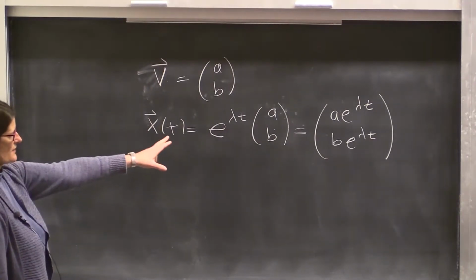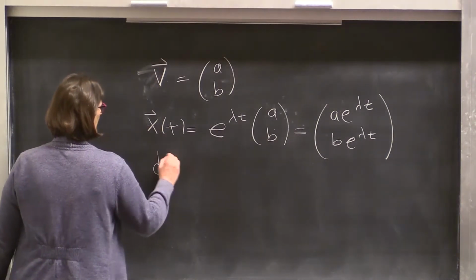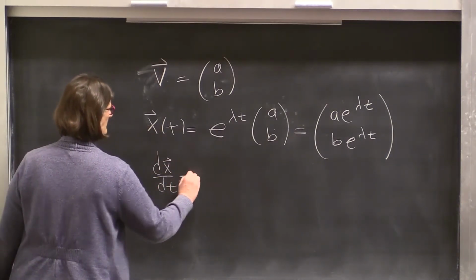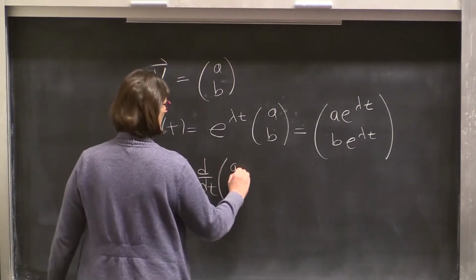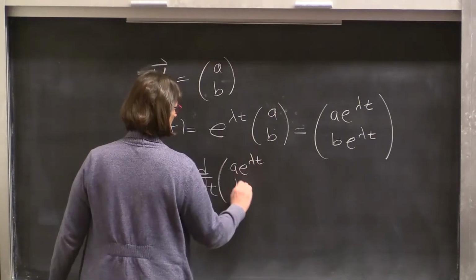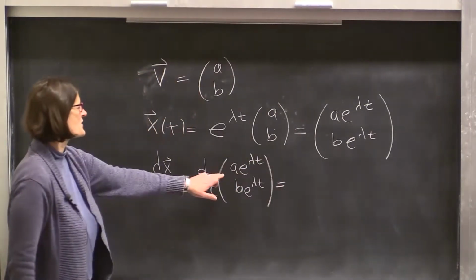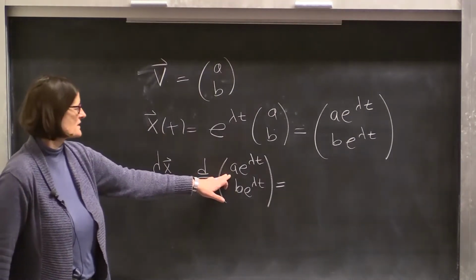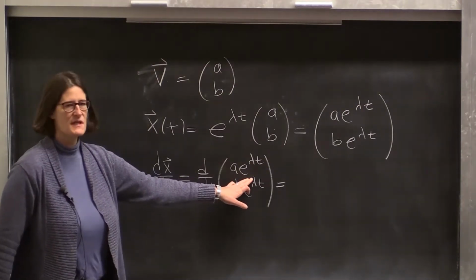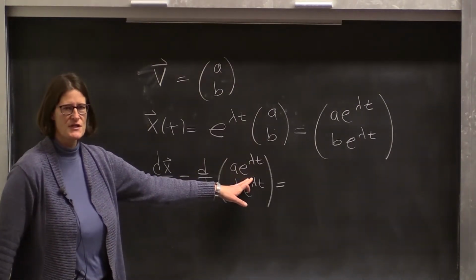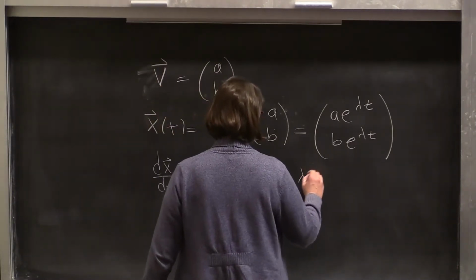So I've just written out in component form what x of t is. So dx/dt is d/dt of (a e^(lambda t), b e^(lambda t)). If I differentiate the first coordinate, does a depend on time? No. e^(lambda t) depends on time. Are you comfortable differentiating that? Yes, at this point from 18.01 you need to be comfortable differentiating that.